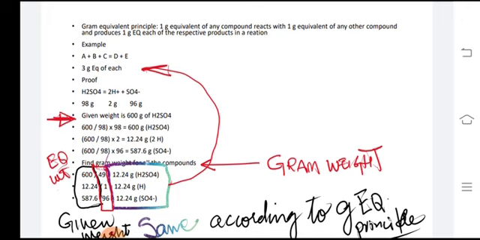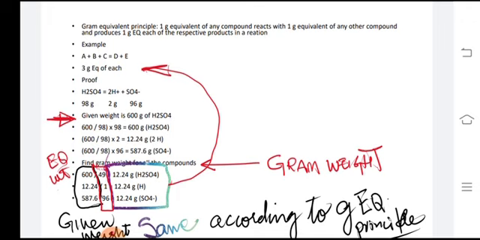These are the given weights we have calculated. From these given weights, we will calculate the gram equivalents, because we are going to prove that gram equivalents must be the same for every compound, either on the reactant side or on the product side. So let's check whether gram equivalents are equal or not.